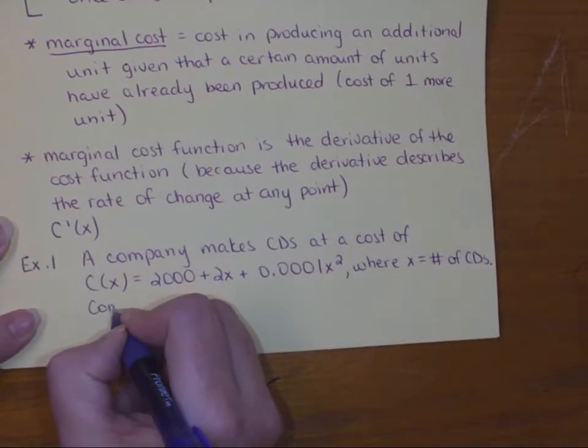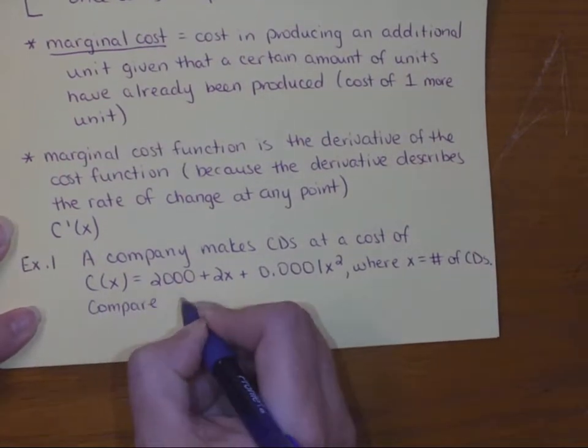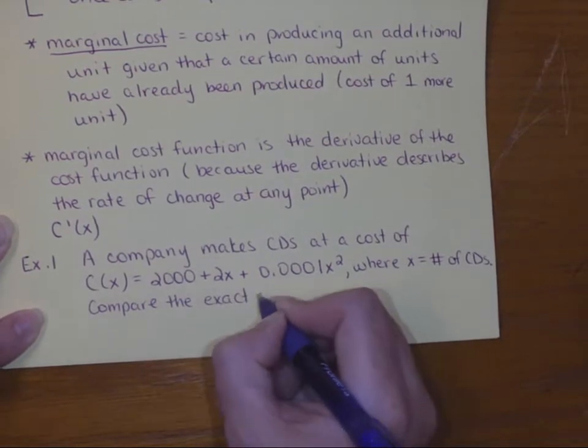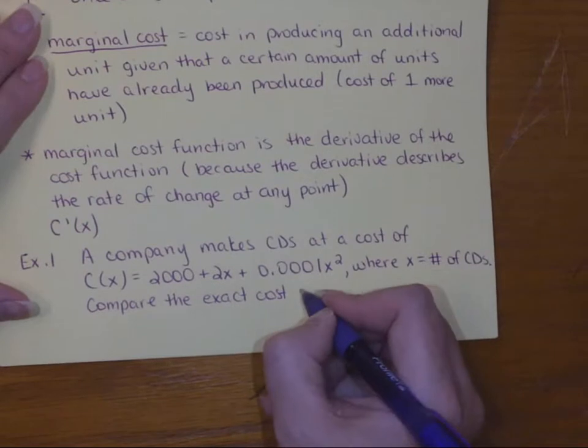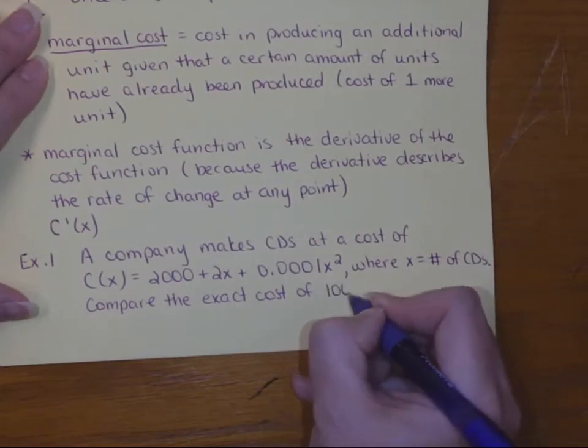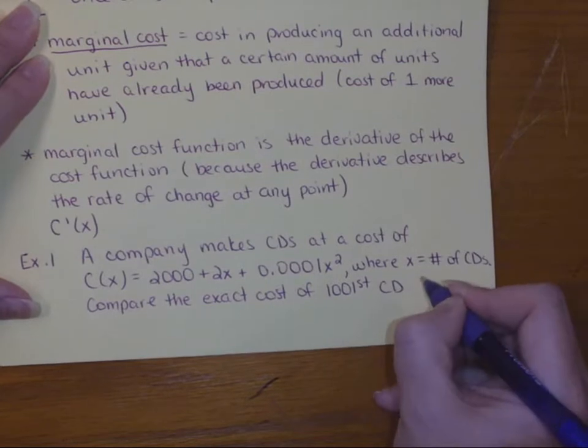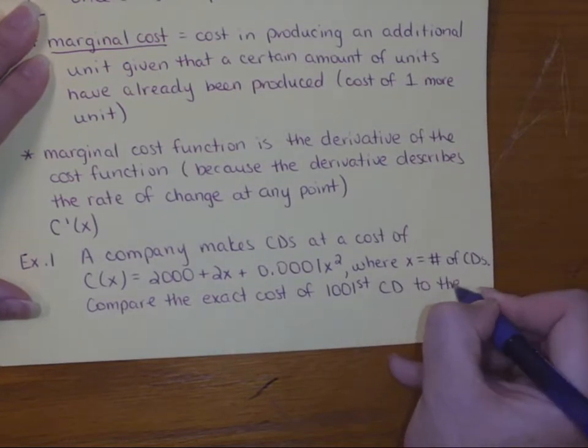And what I want you to do is compare the exact cost to the marginal cost. And let's say I ask you to find the exact cost of the 1,001st CD and compare that to the marginal cost at that level.